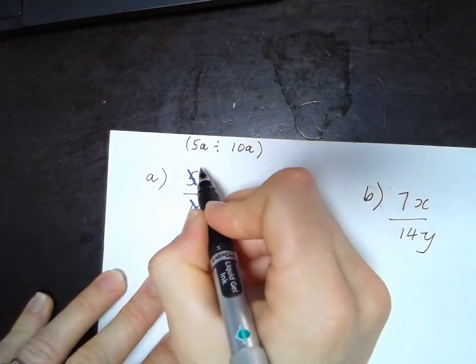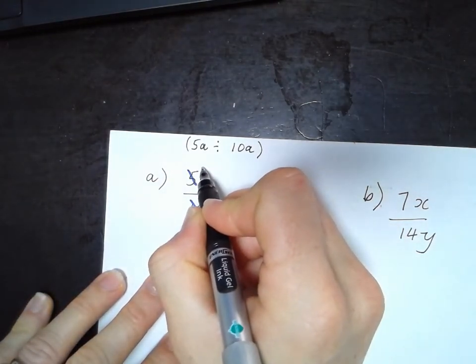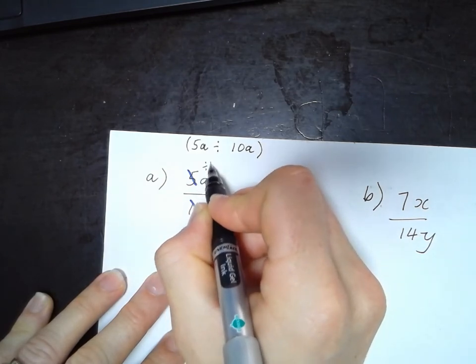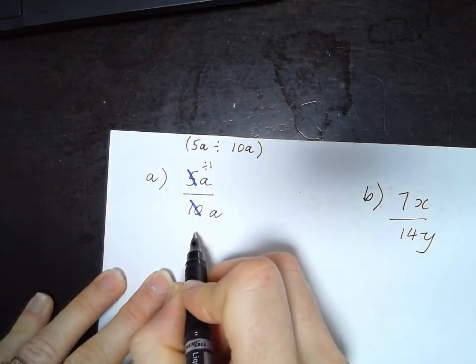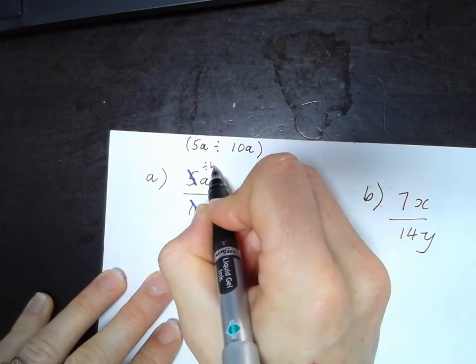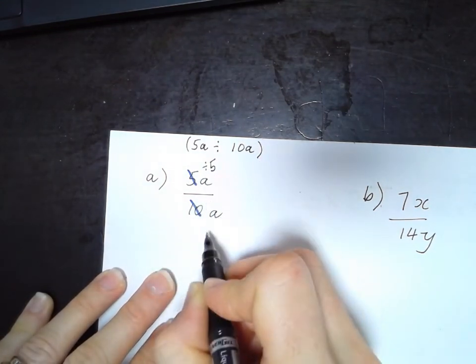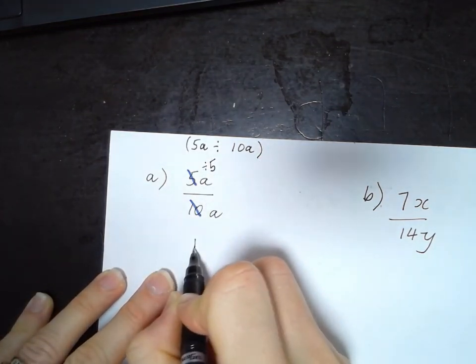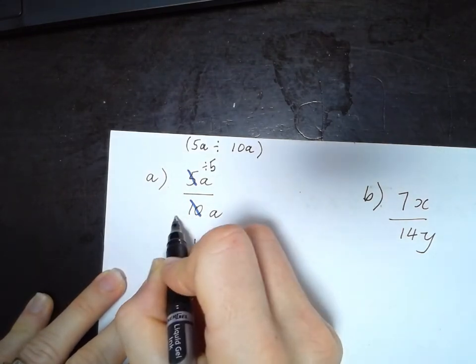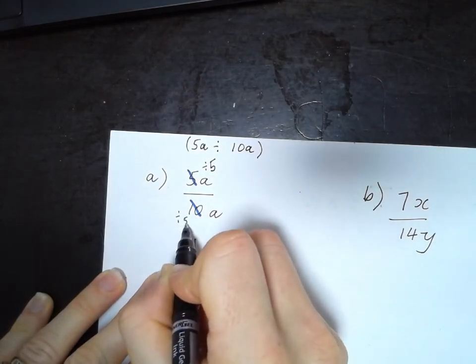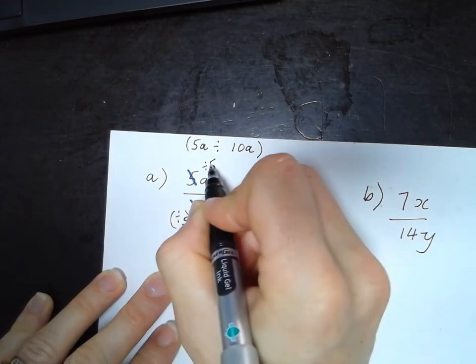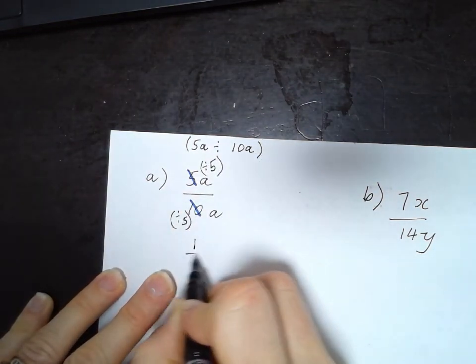5 divided by 5, okay, 5 divided by 5 gives me 1 on the top, and 10 divided by 5 down here, okay, gives me 2.